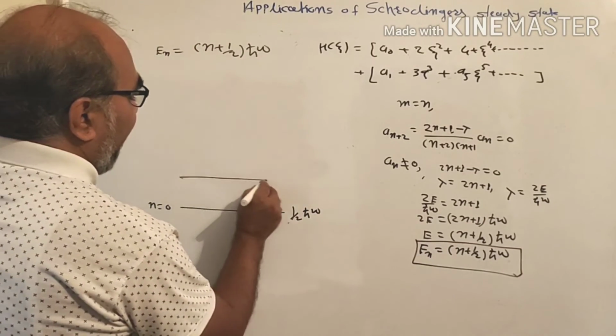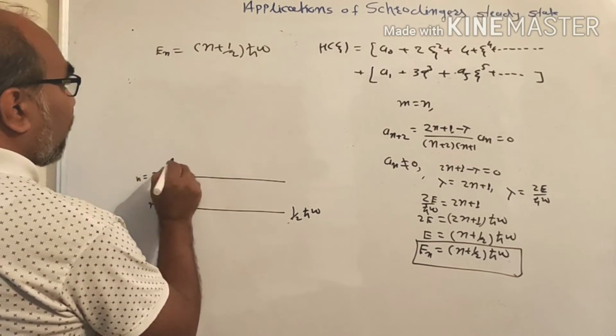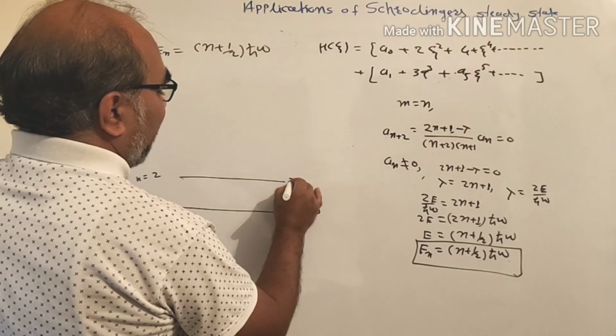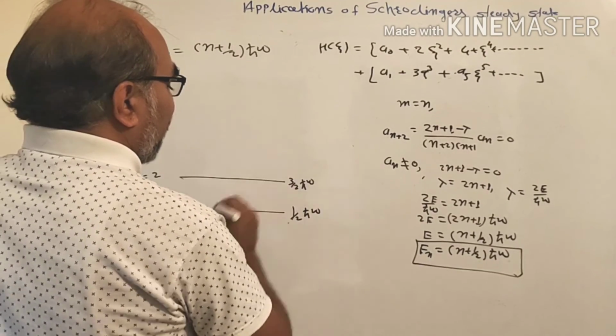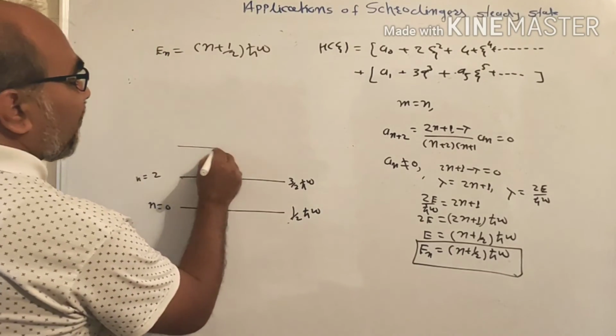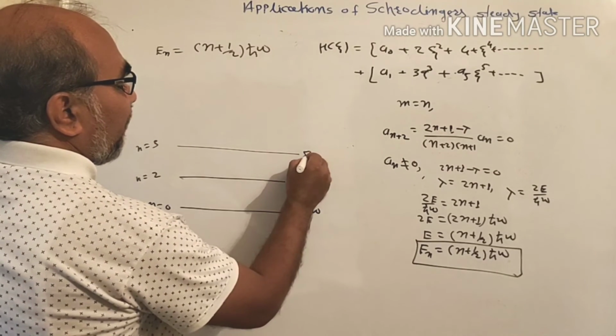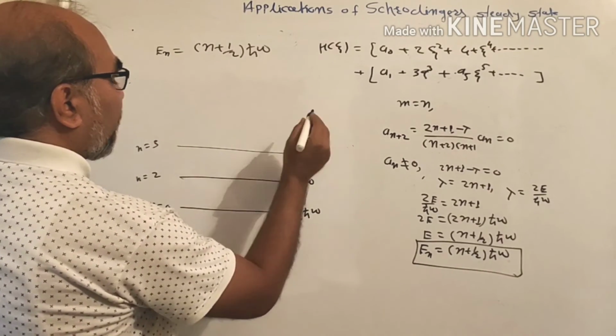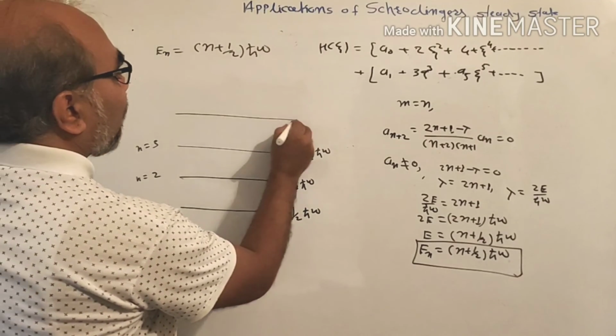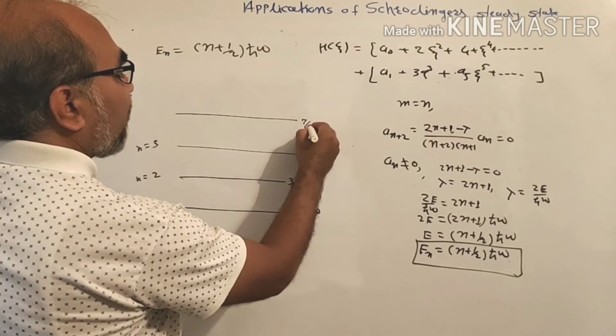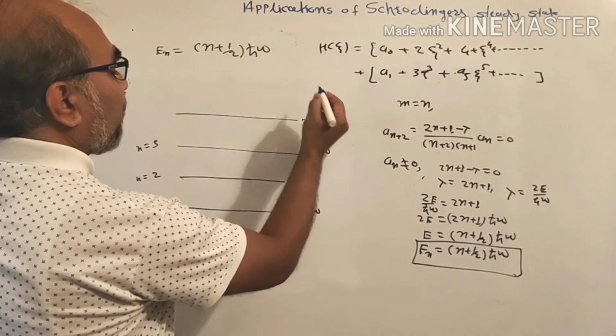If n is equal to 1, then we get 3 by 2 h cross omega. If n is equal to 2, we get 5 by 2 h cross omega. N is equal to 3, we get 7 by 2 h cross omega.